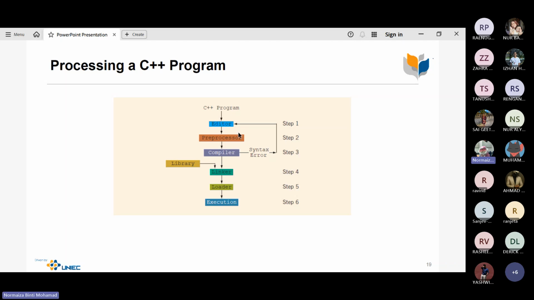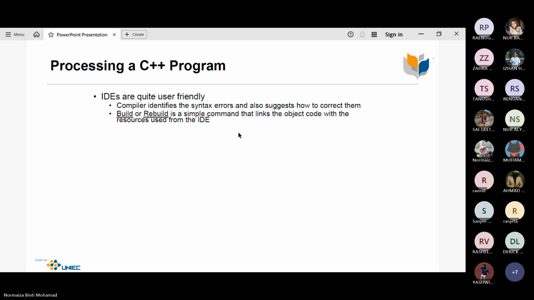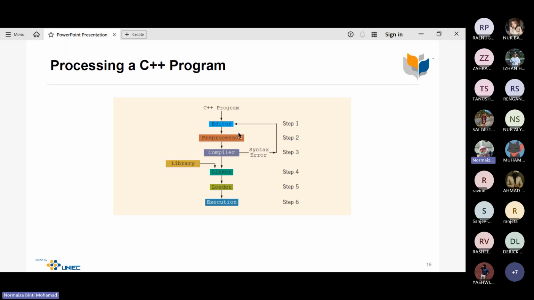So basically, you write the program in the editor and preprocessor, and then the compiler will look for syntax errors. If there's a syntax error, you go back to the editor. If it's an IDE, it will suggest how to correct it.